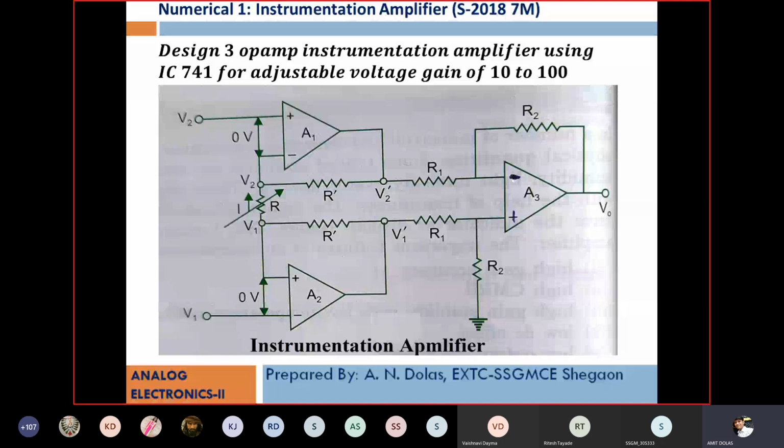Numerical 1 on this topic of instrumentation amplifier, asked in summer 2018 for 7 marks. Design a 3 op amp instrumentation amplifier.